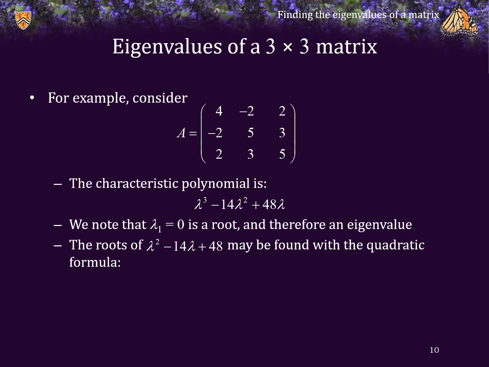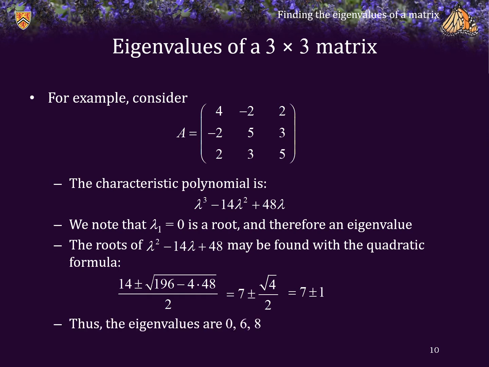Once we factor out lambda, we're left with this quadratic, and the roots of that quadratic may be found with the quadratic formula. So we have 14 plus or minus square root of 14 squared, 196, minus 4 times 48, all over 2. Well, this is just 7 plus or minus root 4 over 2, which is just 7 plus or minus 1.